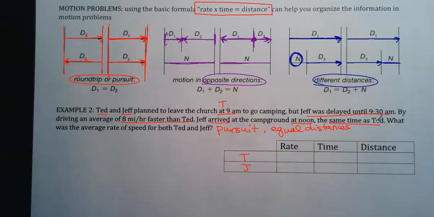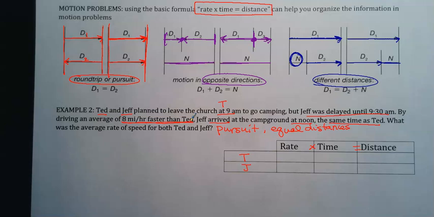All right, but here's the thing that we can think about. The formula is rate times time equals distance. In this formula, we have to know the rate. Well, the only thing we know about the rate is that Jeff drove an average of 8 miles per hour faster than Ted, but we don't know how fast Ted drove.